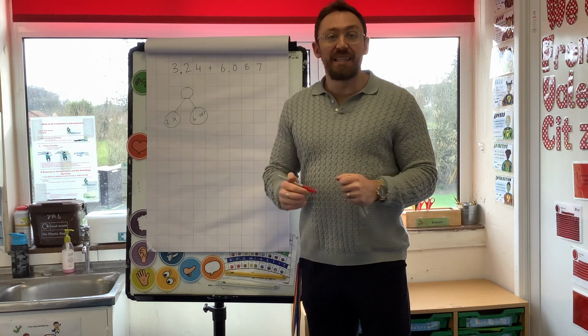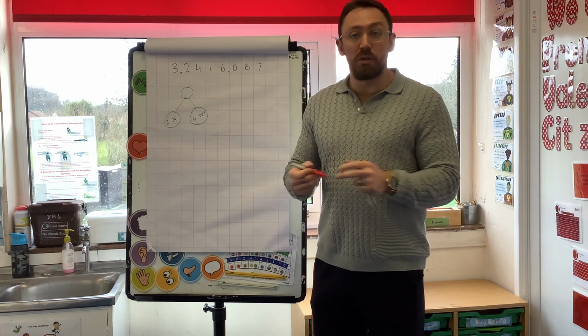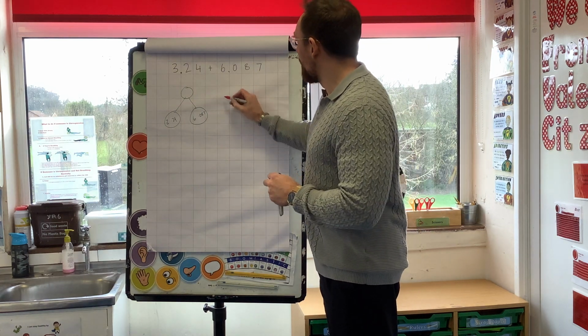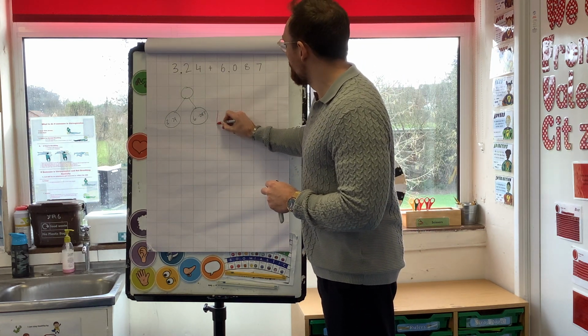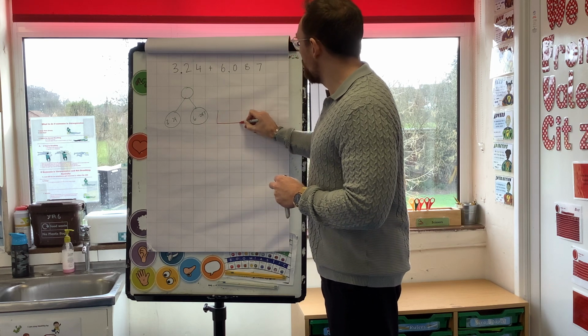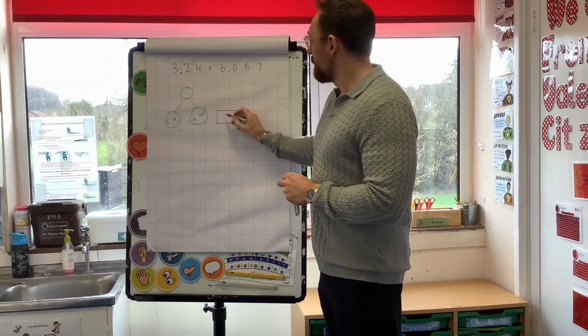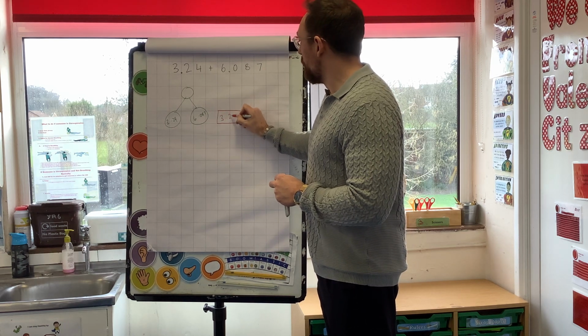We can extend this part-whole model into a bar model, which we're also familiar with using in school, and that might look like this. So I'm going to take a block. It's going to represent one of my addends, 3.24.